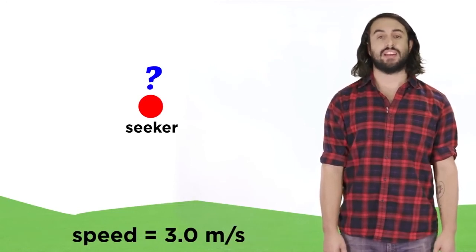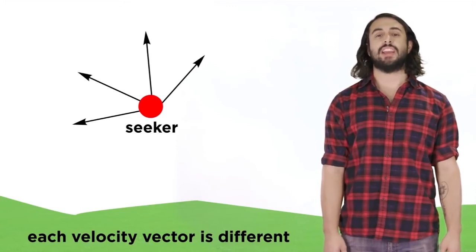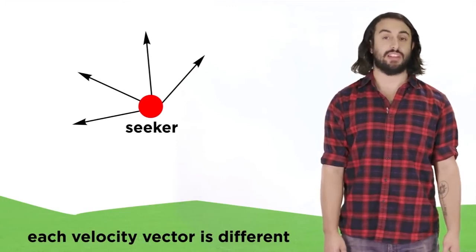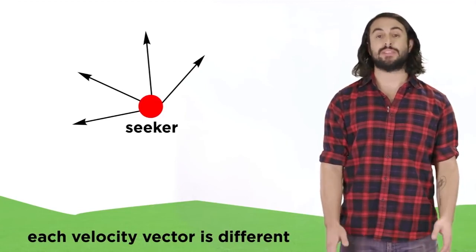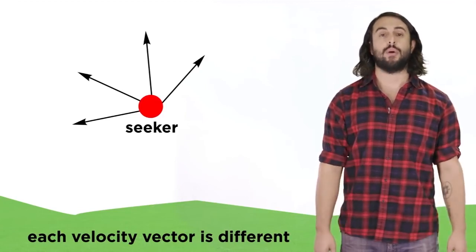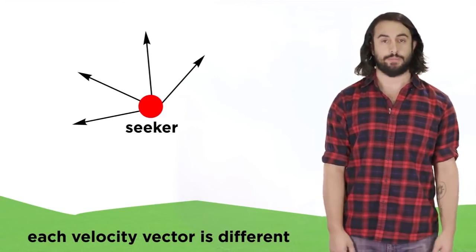So they could all run at a speed of 3 meters per second if they are quick little devils. But each kid would have a unique velocity vector that has a magnitude of 3, but also describes the direction of motion, most likely using the seeker standing still as the point of origin.